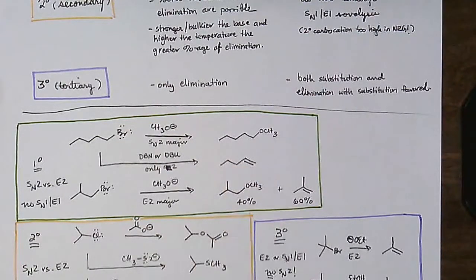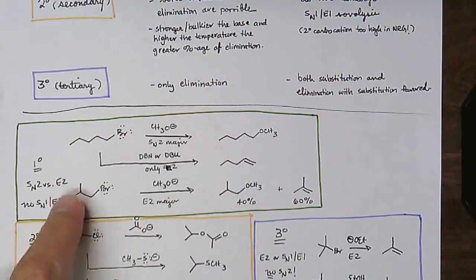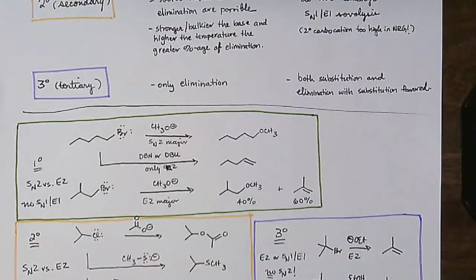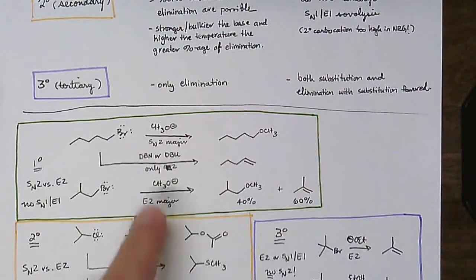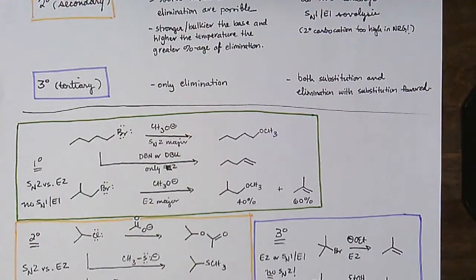And here we see that the beta proton was eliminated from the less sterically hindered beta carbon. There is no SN1 and no E1 with primary alkyl halides. If you have a branched, more sterically hindered alkyl halide that's primary, and you have a higher concentration of methoxide, you see that we get mostly E2 elimination.